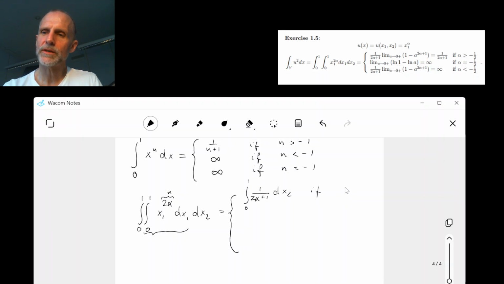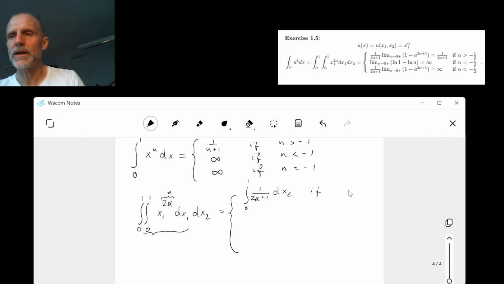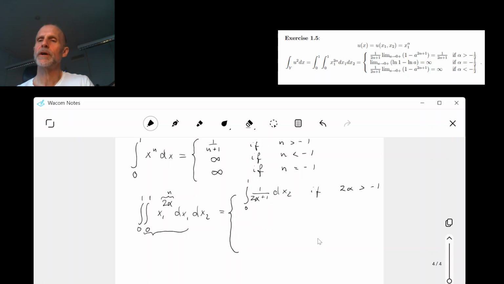So this is when 2 alpha is larger than -1. So what does that mean? If I divide by 2 on both sides here, we obtain that this is the same as saying that alpha is larger than -1/2.